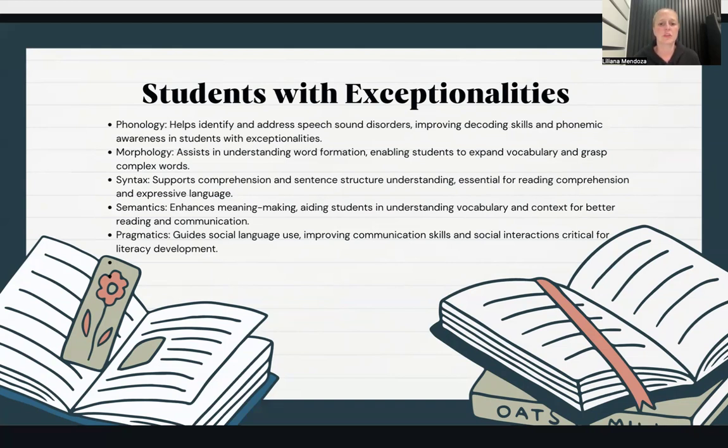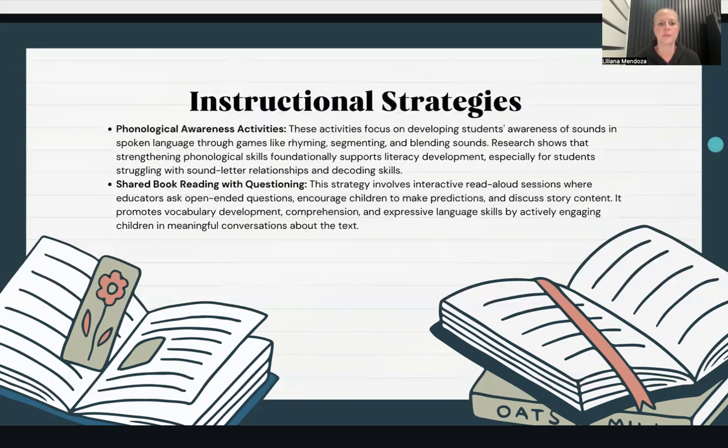Syntax supports comprehension and sentence structure understanding, essential for reading comprehension and expressive language. Semantics enhances meaning making, aiding students in understanding vocabulary and context for better reading communication. And pragmatics guides social language use, improving communication skills and social interactions critical for literacy development.